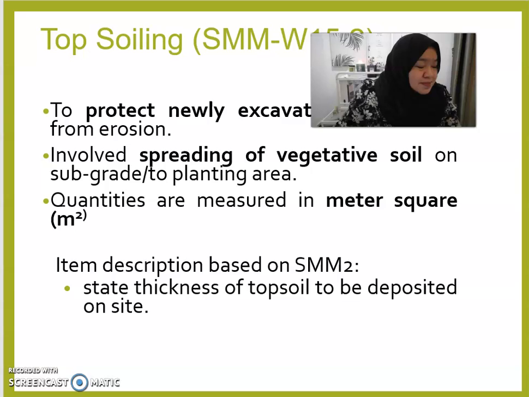And the measurement for this topsoiling, you can refer to section W.15.2. It says that the quantity should be measured in square meter, and in your description it should state the thickness of the topsoil that is to be deposited on site.